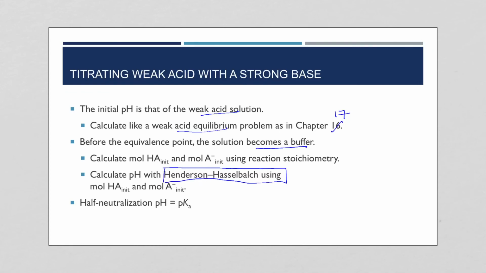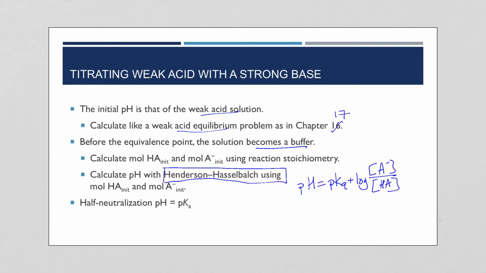So this is that equation that you'll see in the Ka of a weak acid lab. It looks like this. The pH equals the pKa of our weak acid plus the log of the concentration of our A-, our conjugate base, over the concentration of our HA, our weak acid.